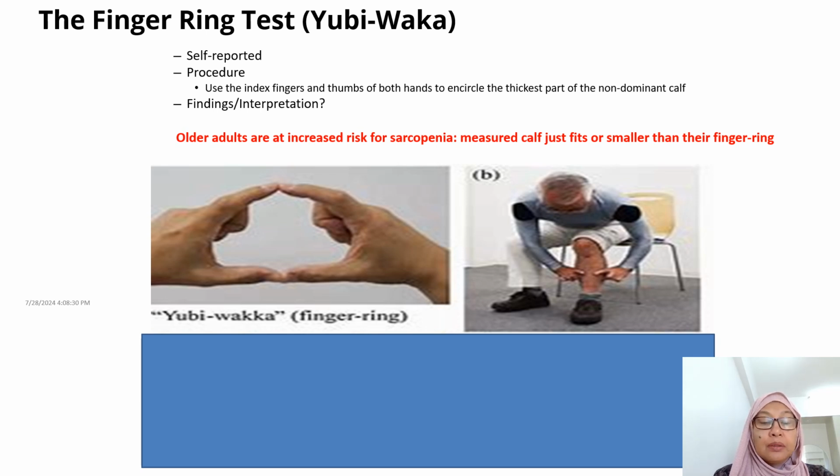How do you interpret? If the calf fits exactly or is smaller than the encircled fingers, this suggests an increased risk for sarcopenia. This test is simple and does not require any equipment, making it accessible for self-assessment.